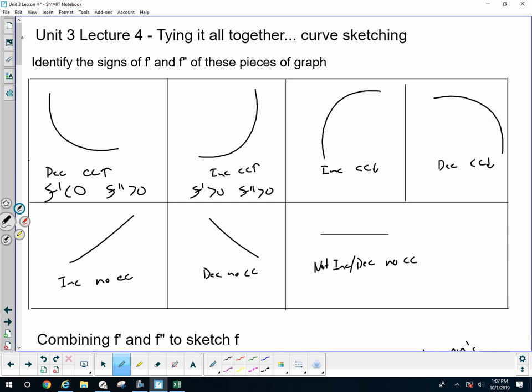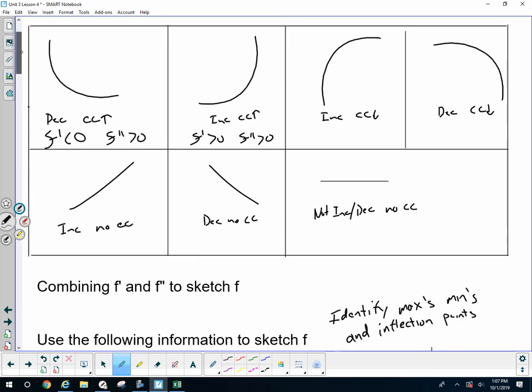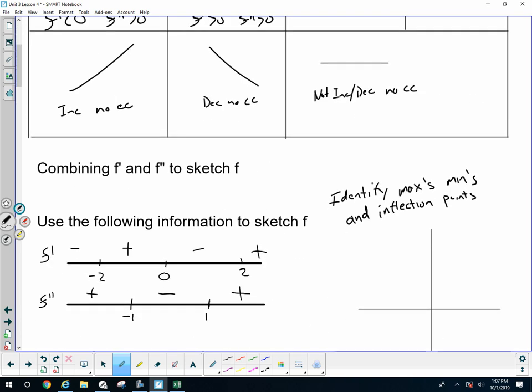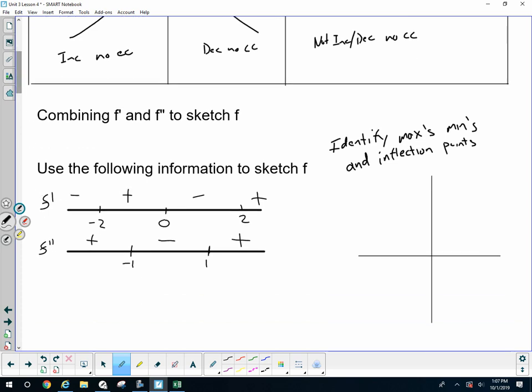So what we will be doing, and I'll continue to do the rest of them, is, if I'm able to analyze the signs of a first derivative and a second derivative, I should be able to throw in a third line that will be the shape of f.